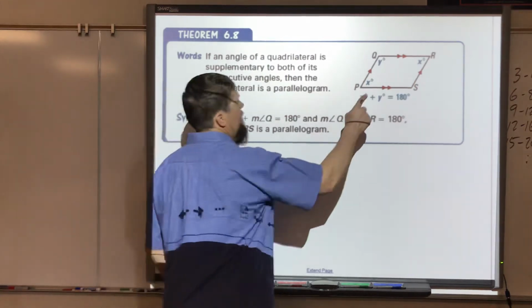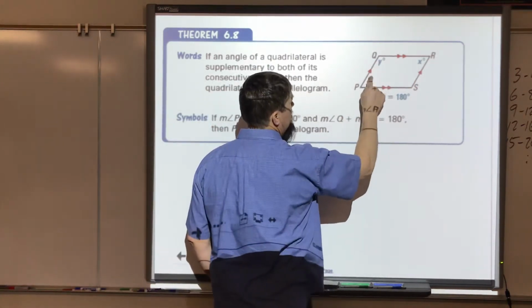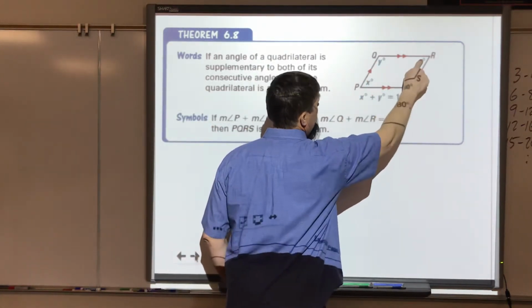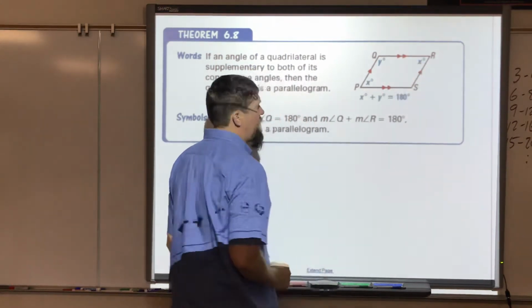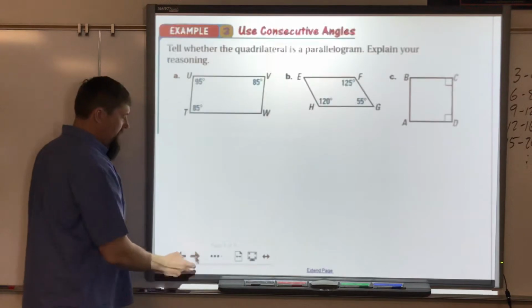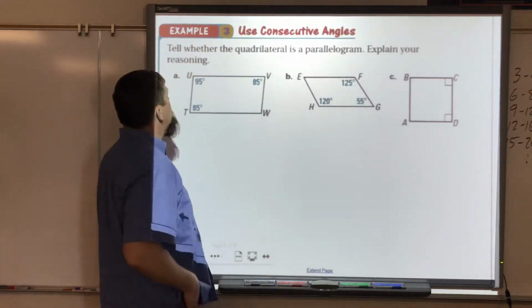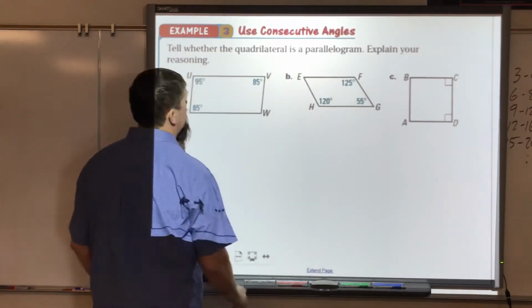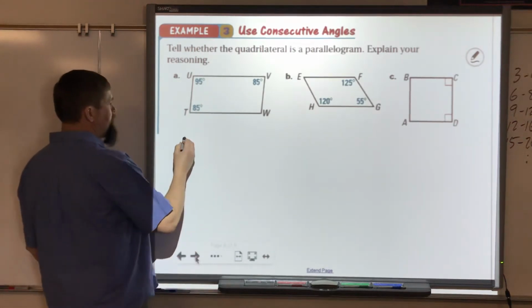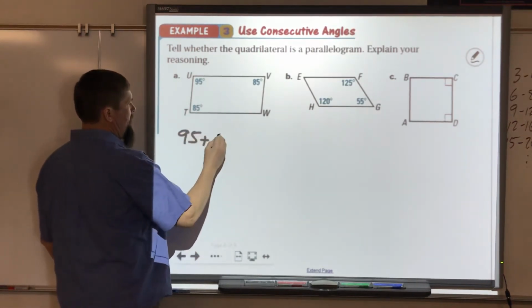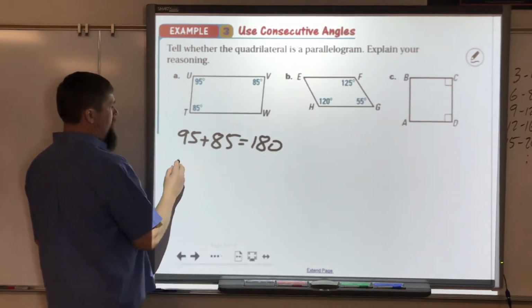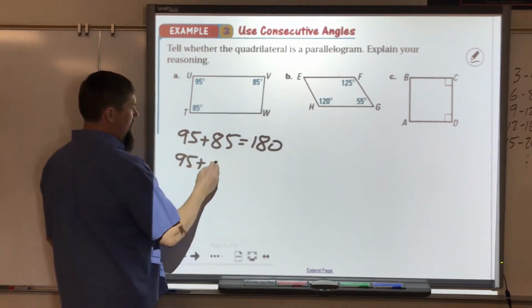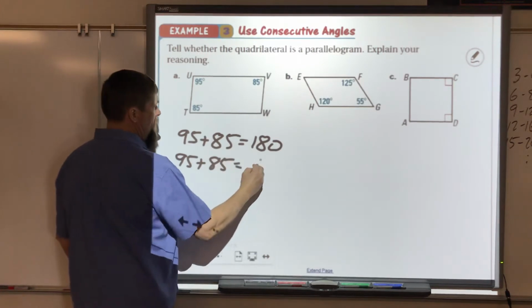So in other words, if y and x are supplementary and these two are the same, so this one is also supplementary, then it is a parallelogram. Okay, so tell whether the quadrilateral is a parallelogram. 95 plus 85 is 180. And of course, 95 plus 85 is also 180.